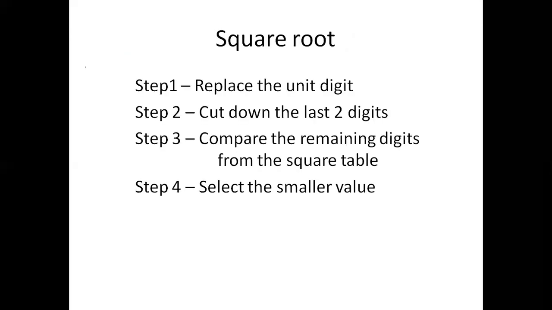For example, for the first step, as I told you, replace the unit digit. So what should the unit digit be replaced with? If a number is ending with 6, replace with either 4 or 6. You should have 2 possibilities. If any number is ending with 1, replace with either 1 or 9.